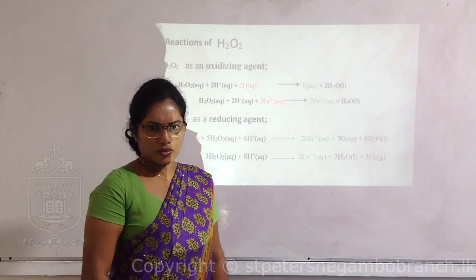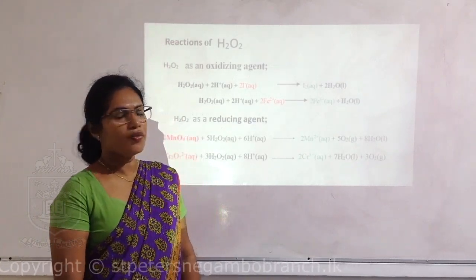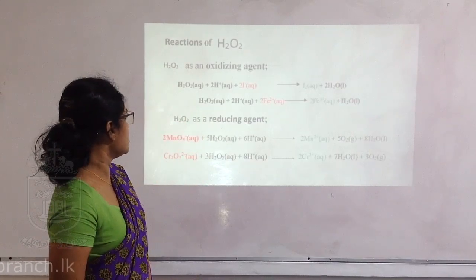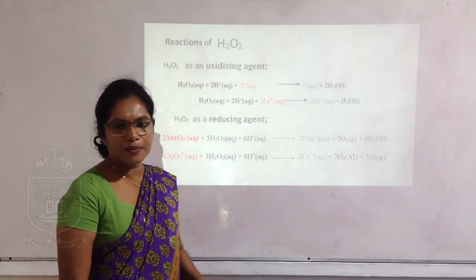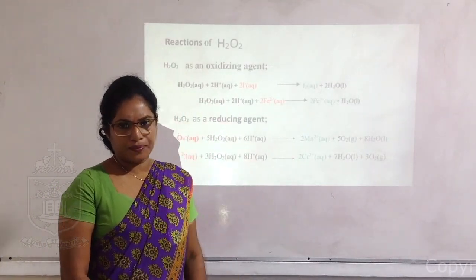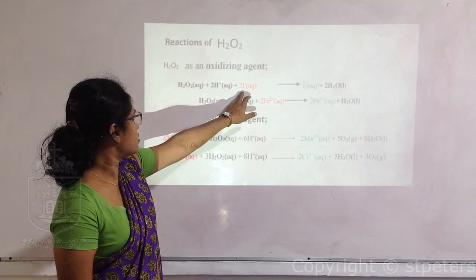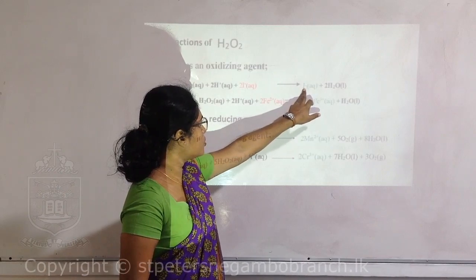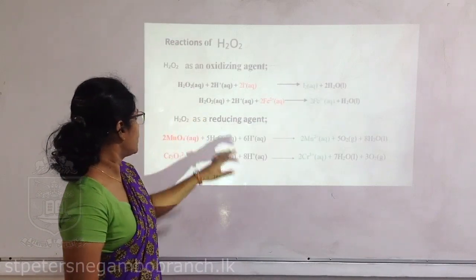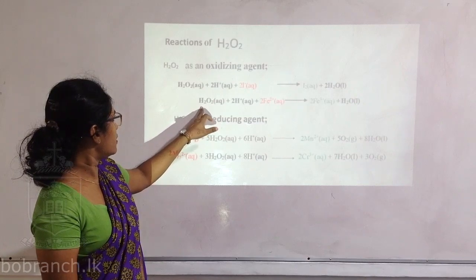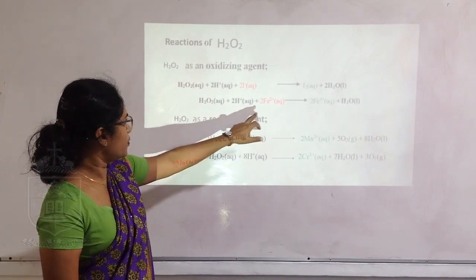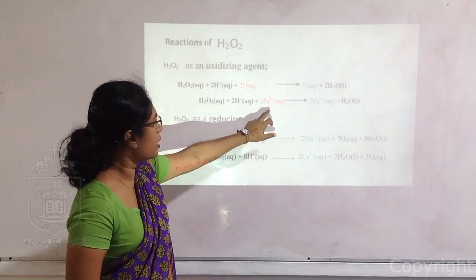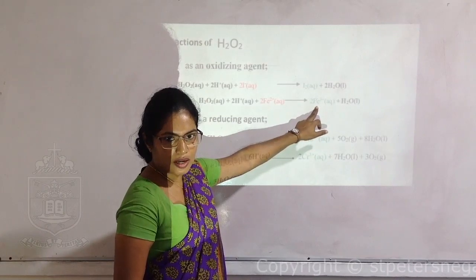Now we are going to consider the reactions of hydrogen peroxide. As an oxidizing agent, hydrogen peroxide reacts with iodide ion and forms I2 and water. And also it reacts with Fe2 plus ions and oxidizes that Fe2 plus ion to Fe3 plus ion.